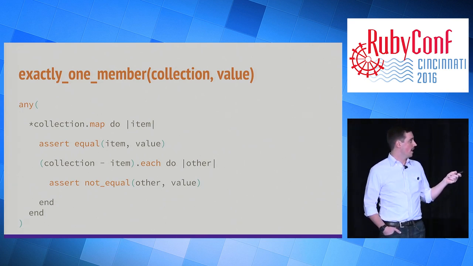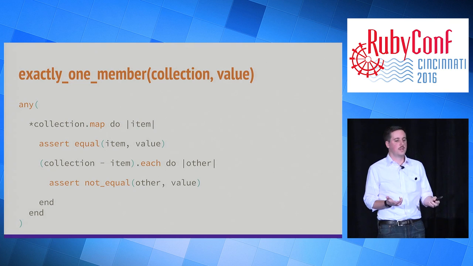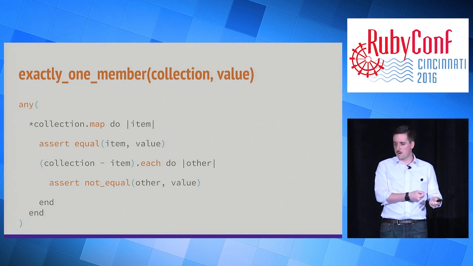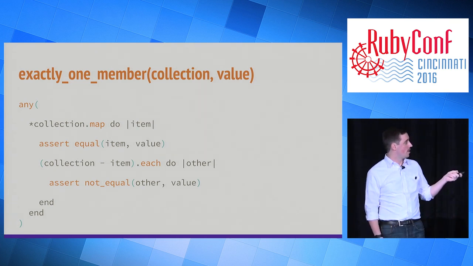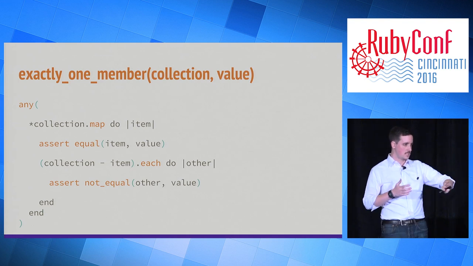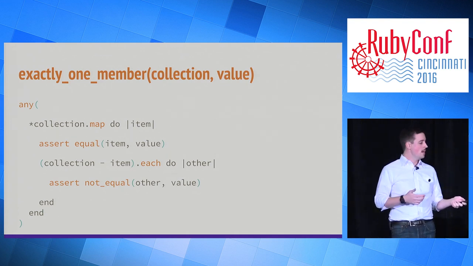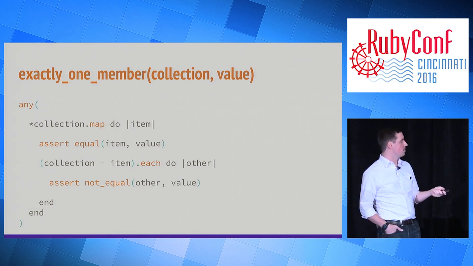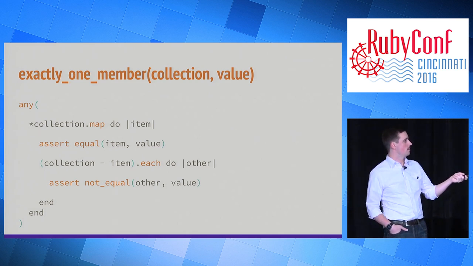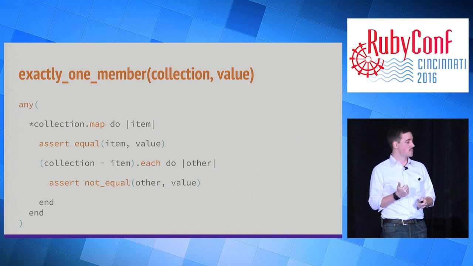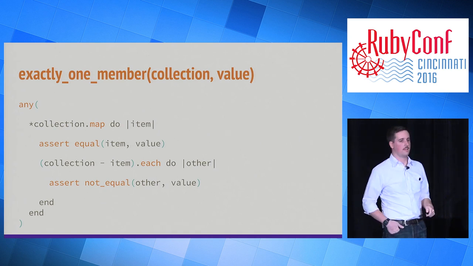And we take the collection and create a new possibility for each individual member and use the splat operator to send that back out to any as a list of possibilities that it needs to take into account. But it's built up out of these simple logical building blocks, equal for the one member that we want it to be, and not equal for all of the others.